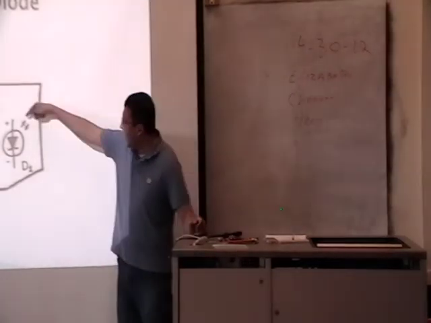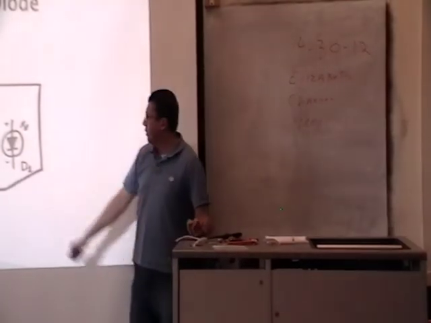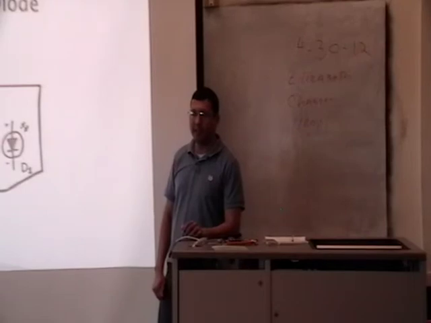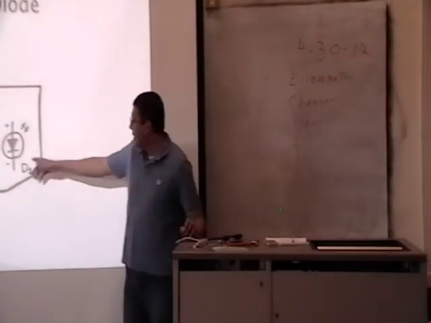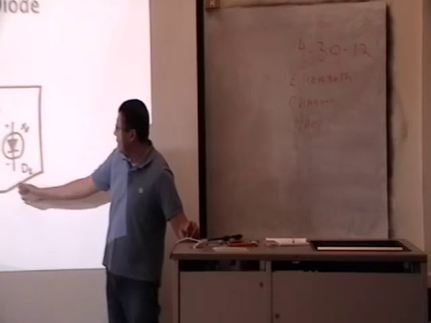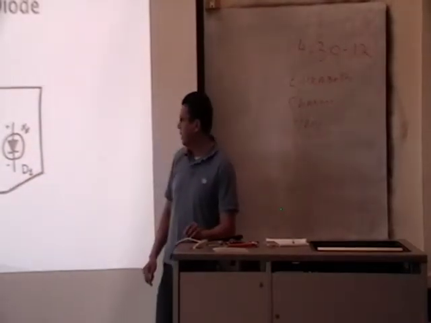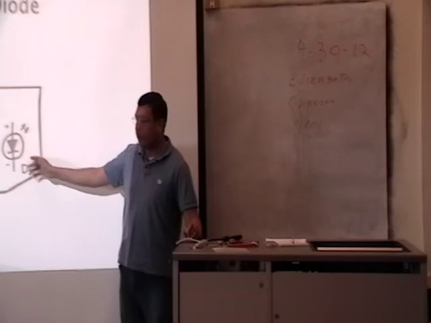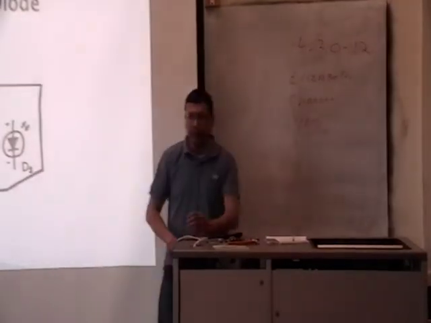This is called the anode, and this is called the cathode, for some of you more advanced guys who know about this. And the electrons flow from the negative to the positive, which is against the arrow. And since this is a diode, we name it D1, since it's the only diode.